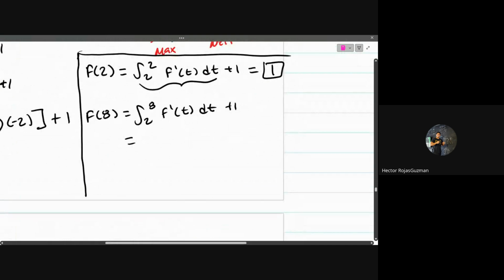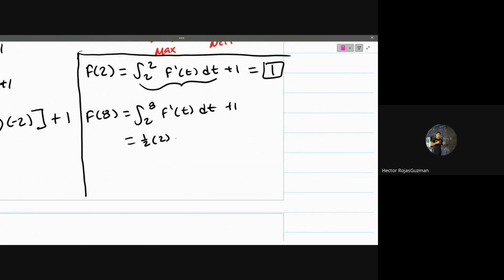Okay, so the first triangle is 1/2 base times height, plus, again, the area of the rectangle, which is 8, minus 1/2 pi r squared, plus 1.